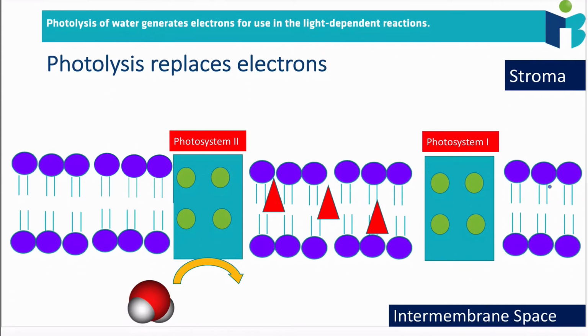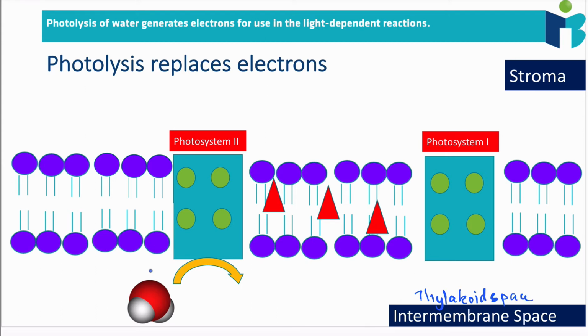All right. Now, we said that when light strikes this photosystem, it's going to be exciting electrons, right? So chlorophyll is going to lose electrons, right? Now, at some point, these chlorophyll molecules will run out unless they are replaced, okay? And the way that we replace these electrons is quite important. So over here, inside the intermembrane space, or in the thylakoid space, we'll write out both words because the mark scheme likes both, okay?